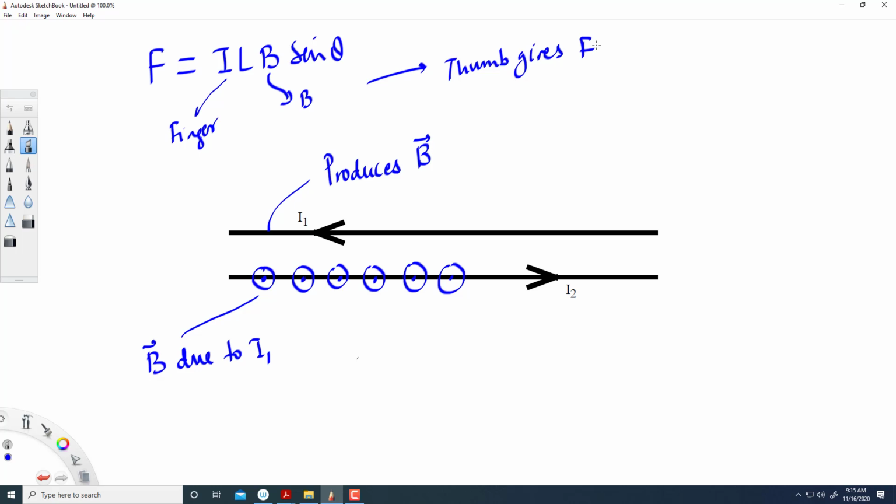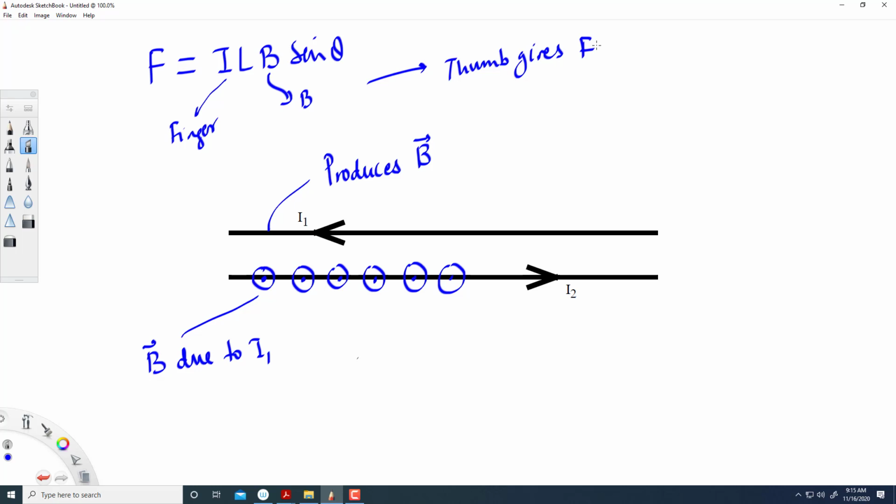So I is going to the right, so that's I. Okay, and then B is coming out. Okay, that's B, and then use the right hand rule. So point your fingers towards I, okay, and then curl towards B, not like that, but like that.